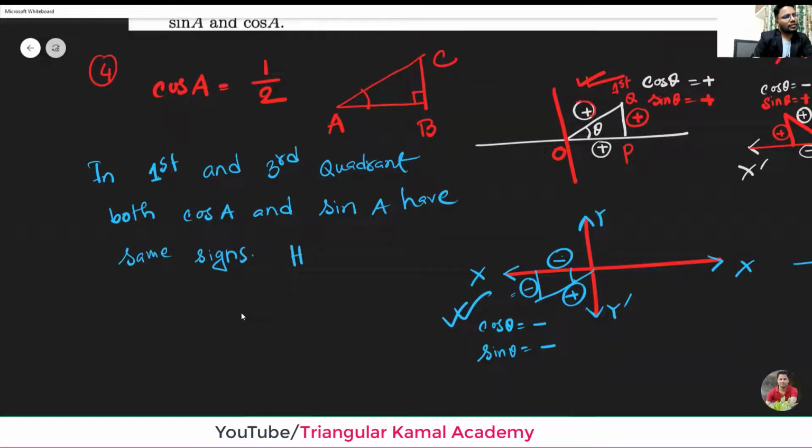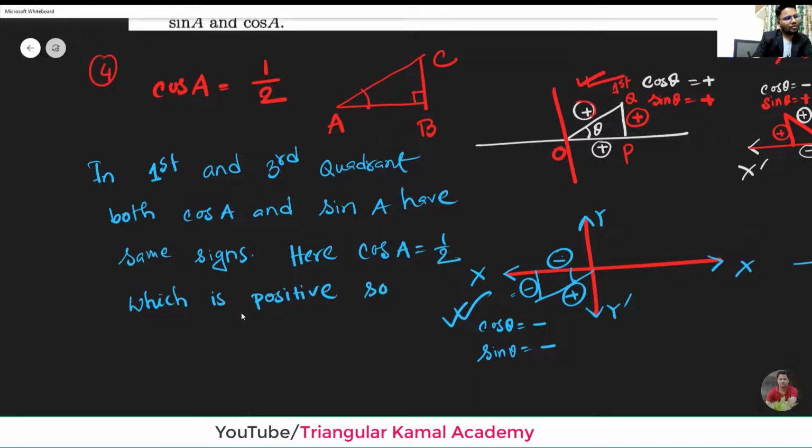Here cos A is equal to 1/2, which is positive.